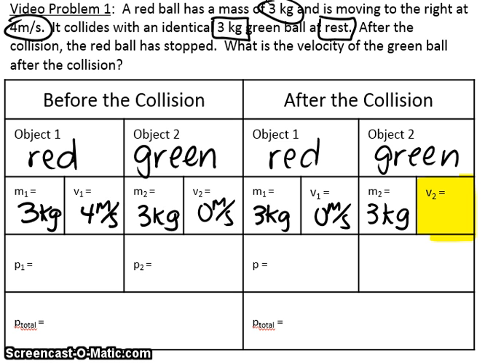So our before the collision is exactly the same steps that we did with inelastic collisions. We're going to multiply mass and velocity. So the mass times the velocity is a momentum. 3 times 4 is equal to 12 kilogram meters per second.